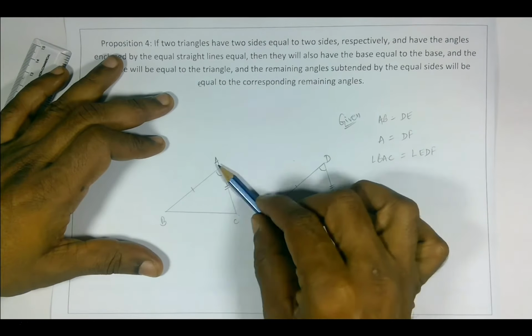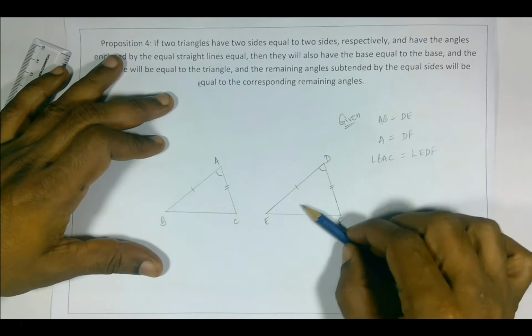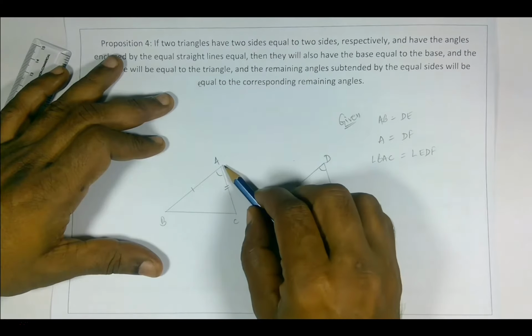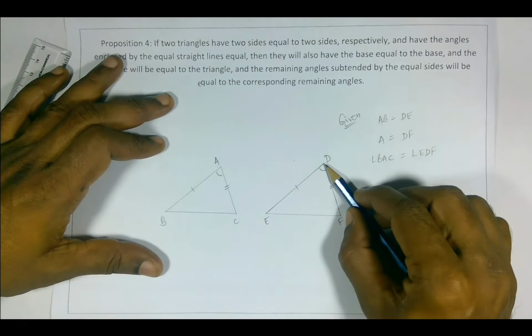Now if we take this triangle and put it on top of this, right, by keeping the vertex A on top of D, what will happen?